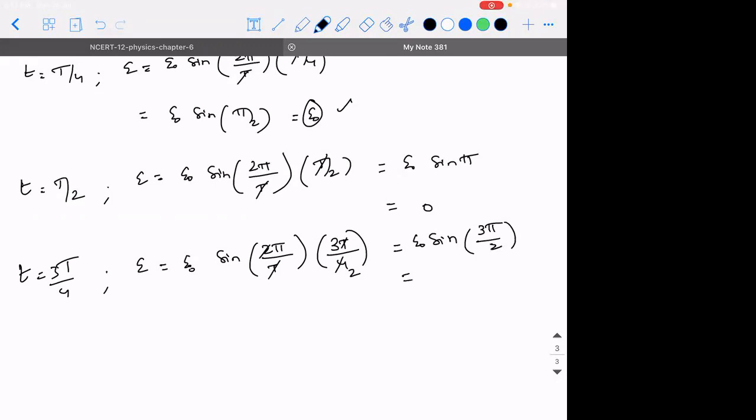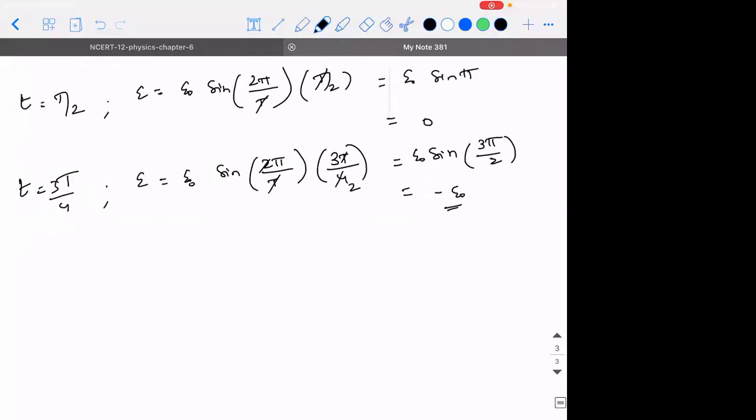Sine 3 pi by 2 is minus 1, since 3 pi by 2 is 270 degrees. So at T is equal to 3T by 4, it is minus E naught. Then T is equal to capital T: E naught sine of 2 pi by capital T into T. This and this will get cancelled, you will get E naught sine 2 pi. Sine 2 pi is 0. Correct? So this is what happens in one cycle.